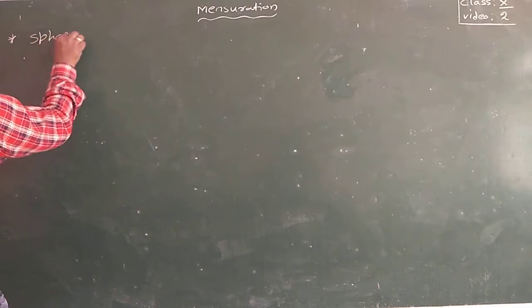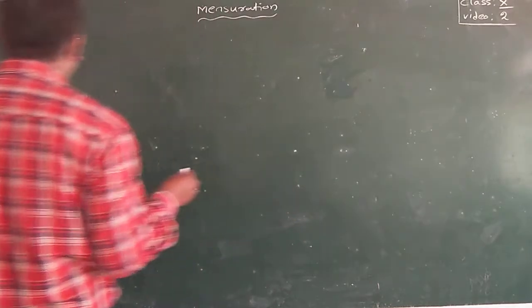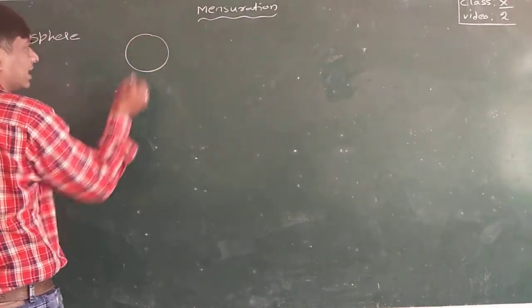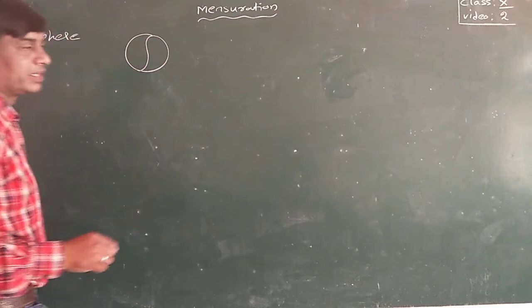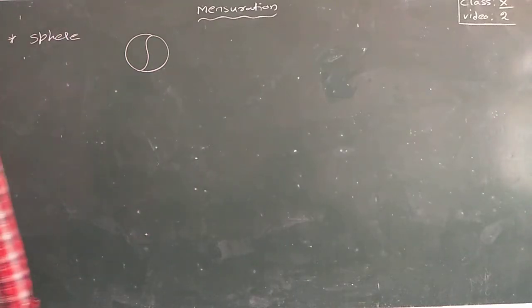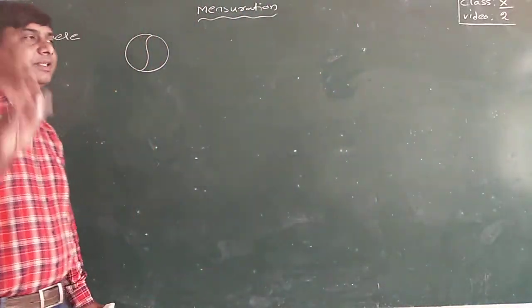Okay, here sphere. Sphere is nothing but a ball, football, cricket ball, anything. Okay, like this. This is a circle actually. If you write like this, then it is a sphere. In sphere, the radius, the diameter of the sphere and height of the other objects are same. Comparison will be used there.